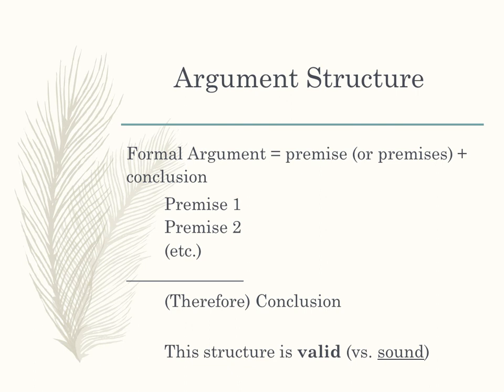There isn't really any limit to how many premises you can have in an argument, but a classic argument will have 2 or 3 premises. This is a classical argument, called a syllogism. A syllogism is 2 premises and a conclusion.